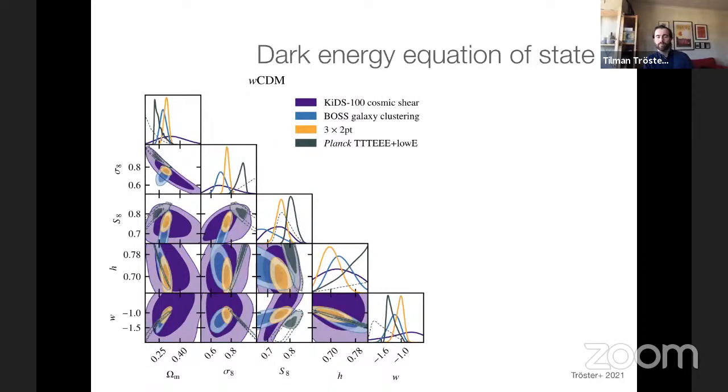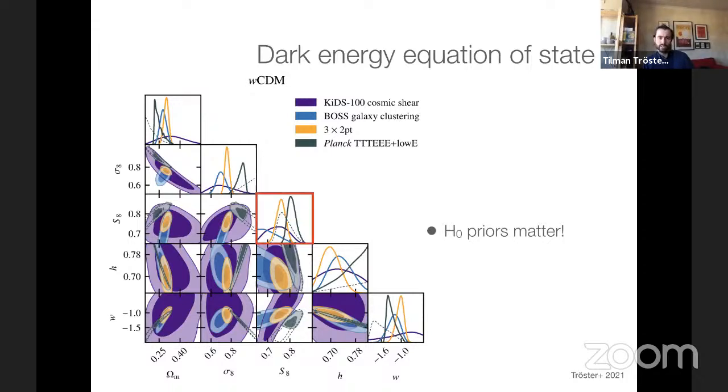Then you can say, well, maybe a cosmological constant is a bit too simplistic. Let's vary the equation of state of dark energy. So that's wCDM. And again, H0 priors matter. That's the difference between the dashed and the solid gray curves for Planck.